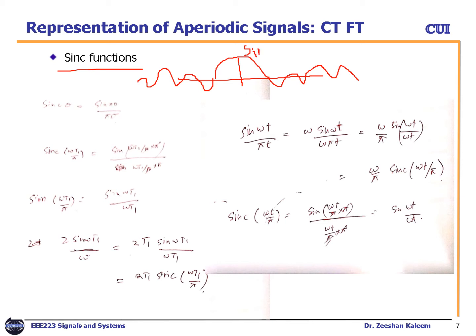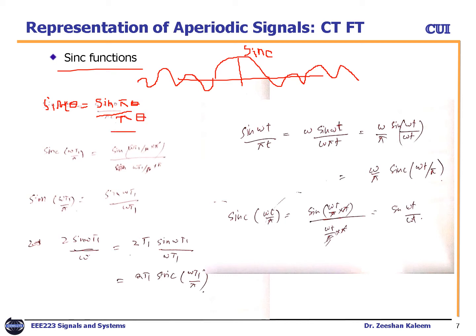Sinc, S-I-N-C. So in general, sinc theta, S-I-N-C theta, when it is normalized, is equivalent to sine pi theta over pi theta. These two angles should be the same. The angle should be in the denominator as well.